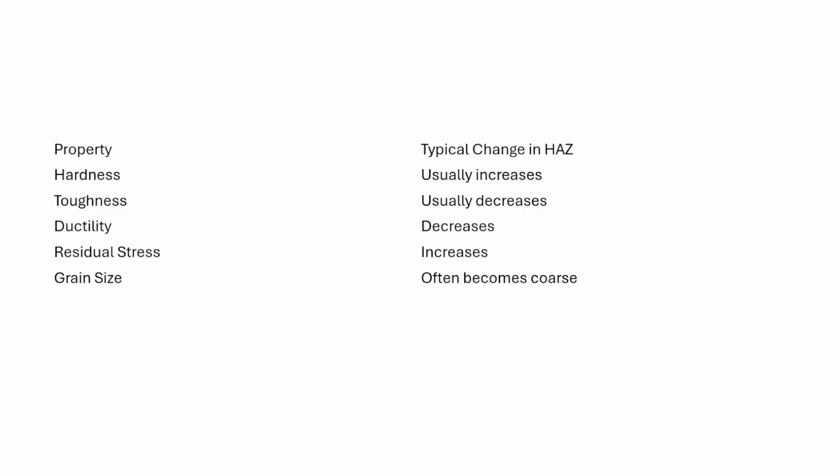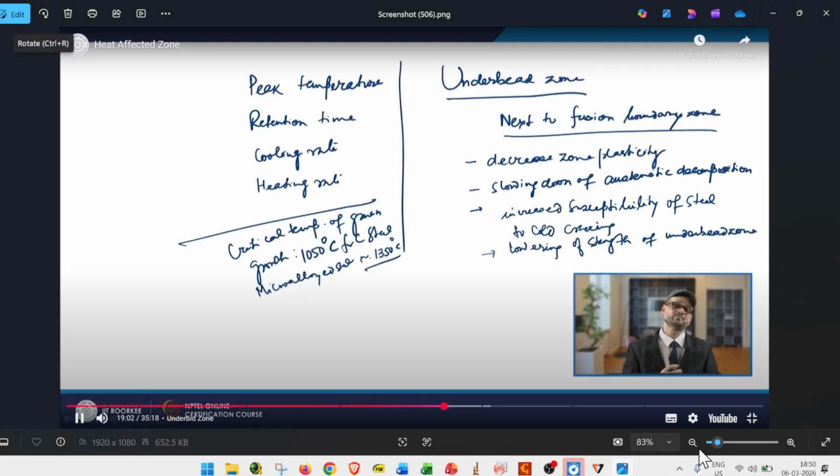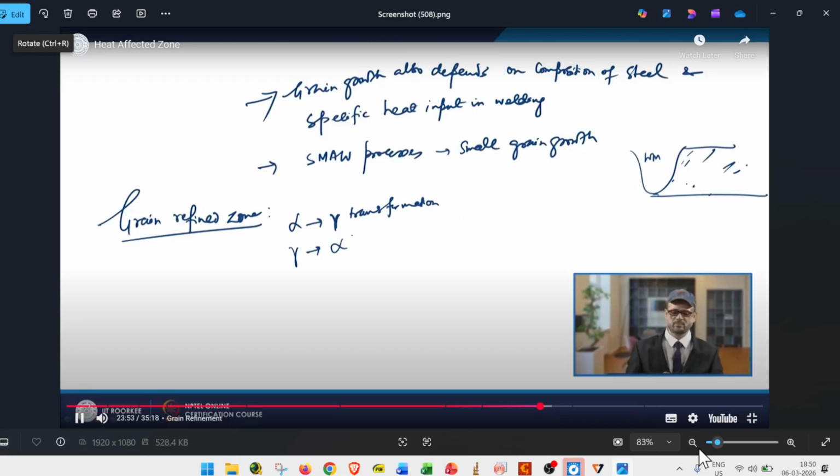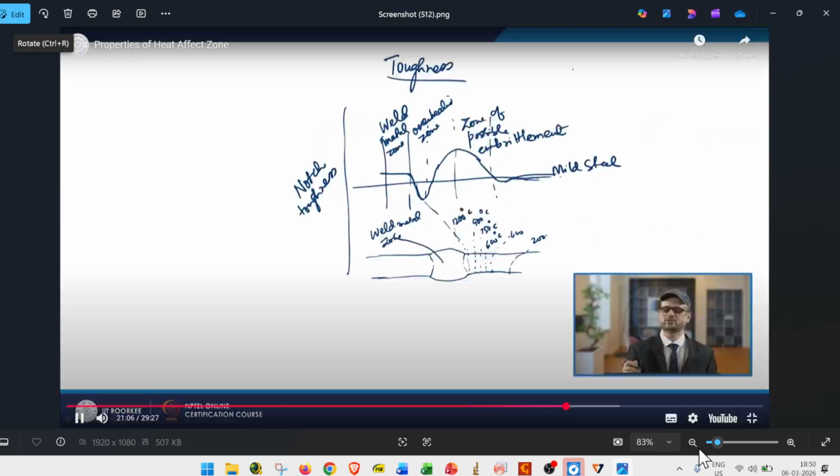So these are some of the properties which change in the HAZ. Hardness usually increases, toughness decreases, ductility decreases, and residual stresses increase. Grain size often becomes coarse. I think here also Sara has already given this. Yeah, here is how the toughness changes with welding.